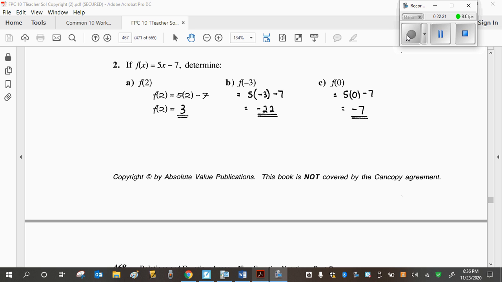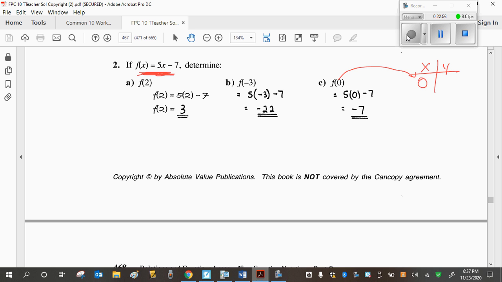There's 2A, B, and C right there. Wherever you see an x, you replace it with 2 and a. In B, x turns into negative 3. And in C, it's similar to the table of values where x equals 0. Okay, that's what you're trying to figure out for this equation of the line.